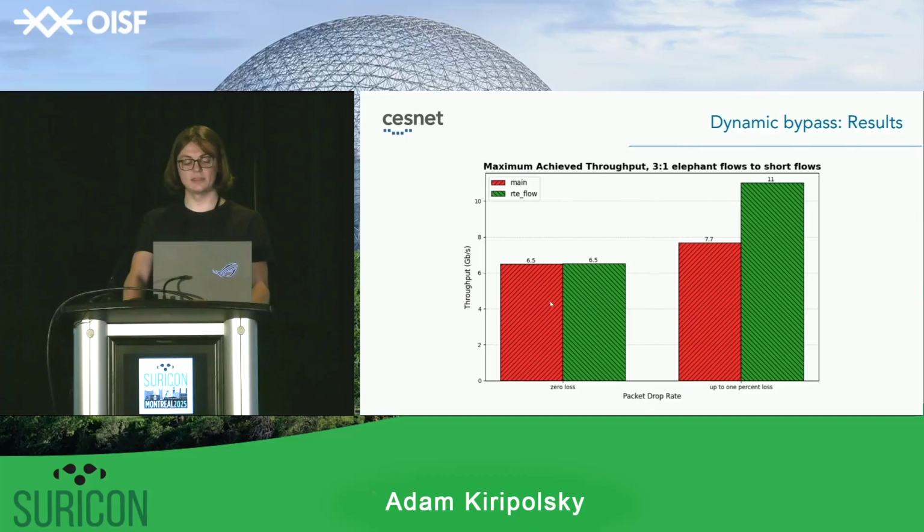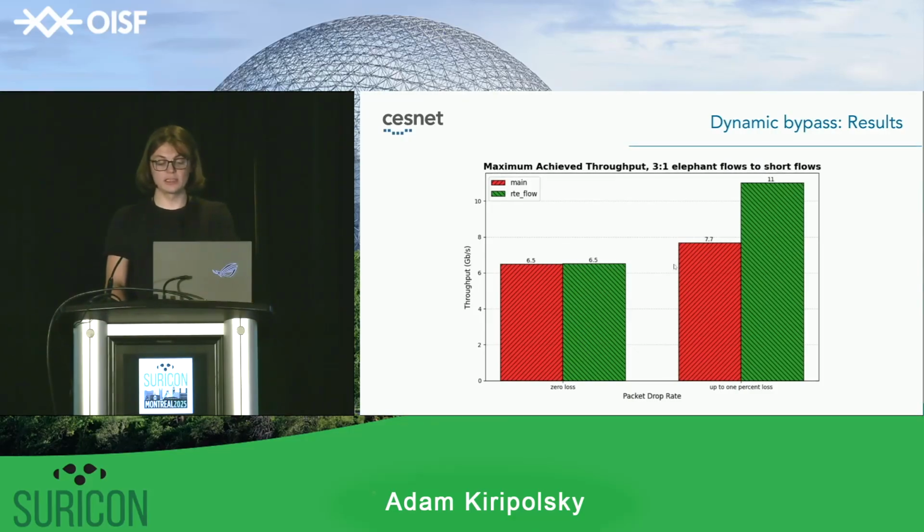On the left side, we can see that the drop rate is quite similar in both use cases. This can be attributed to the type of testing we performed, as most of the drop rate is present at the start of the traffic generation, meaning we had to lower the speed to get to 0 loss, and at this speed the RT flow bypass and the bypass on the main branch are similar.